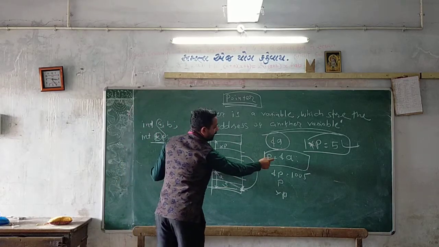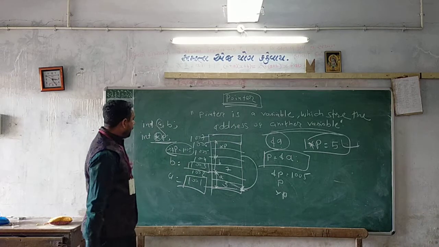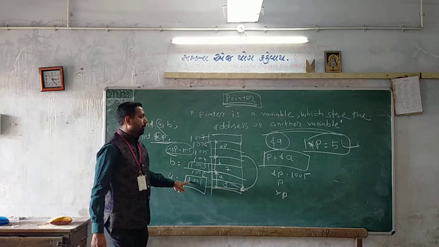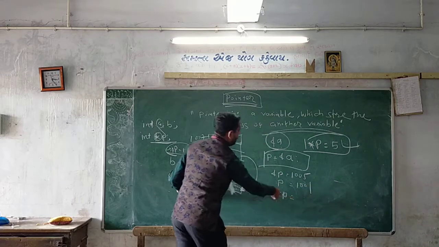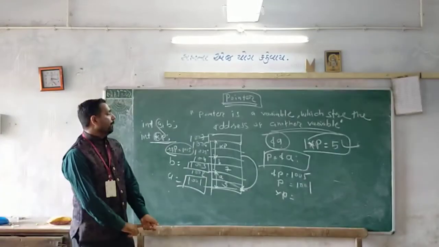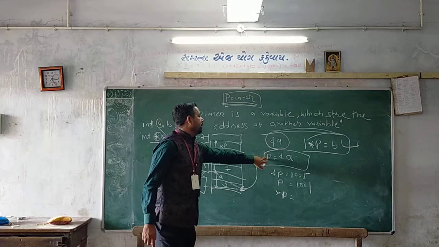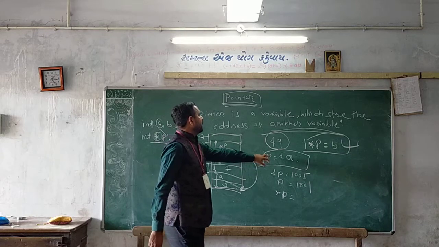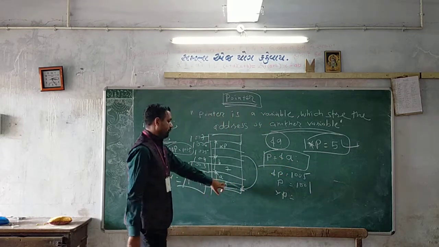Suppose here the pointer stored the address of a, and the address of a is 1001. So p indicates 1001, and *p takes the value of the variable which is stored. Here it stored the address of a, and the value of a is 5.